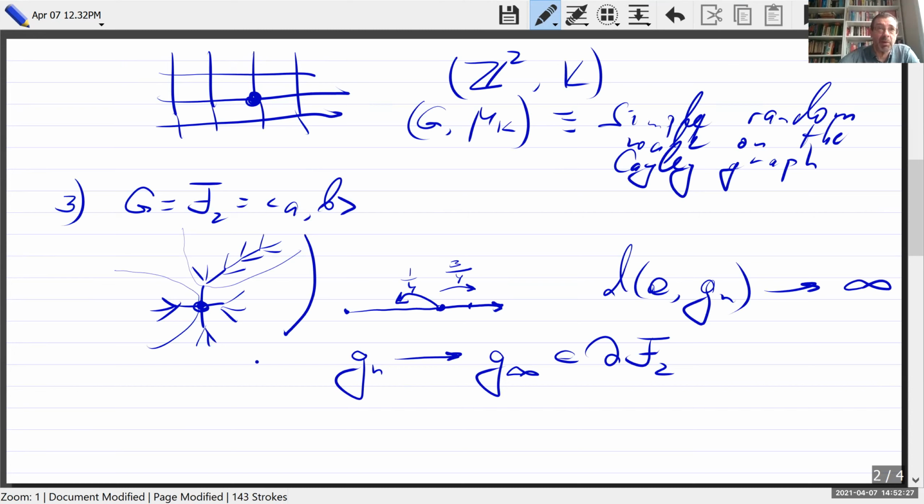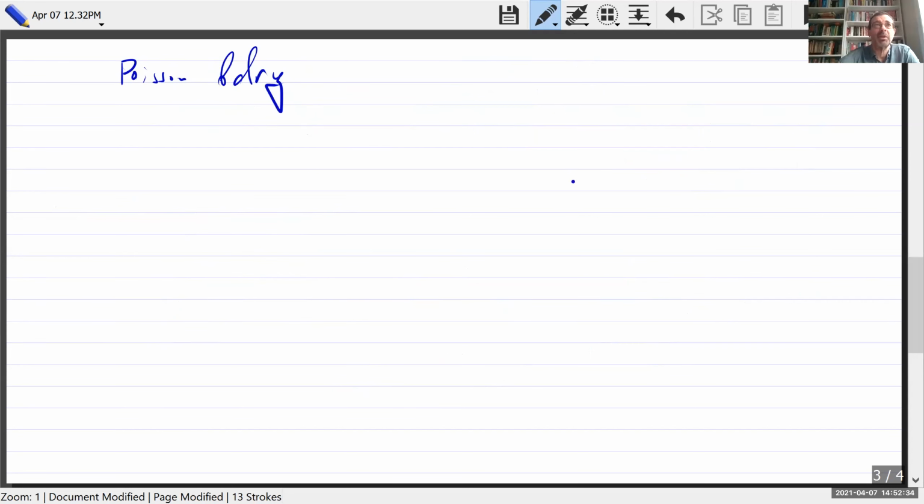Therefore, on this boundary, we obtain the resulting hitting distribution. And if we start from the identity, let me denote it by nu.